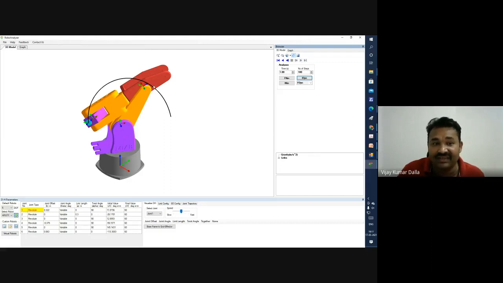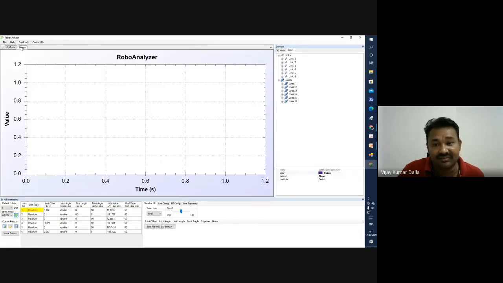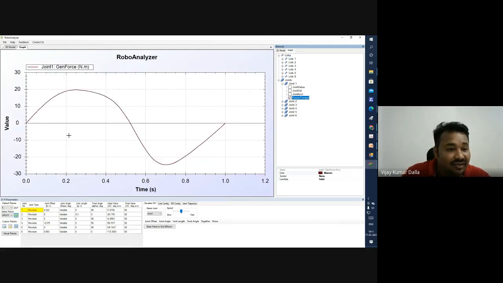By this we cannot know how much torque is required, so with the help of this graph, we can know. Earlier, if you remember, when I clicked this force and torque, it was saying it doesn't exist. But now I'm clicking and it is showing some values.